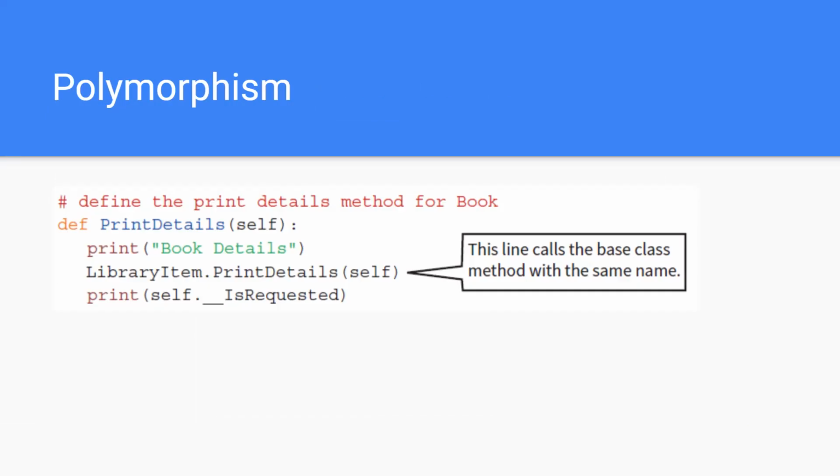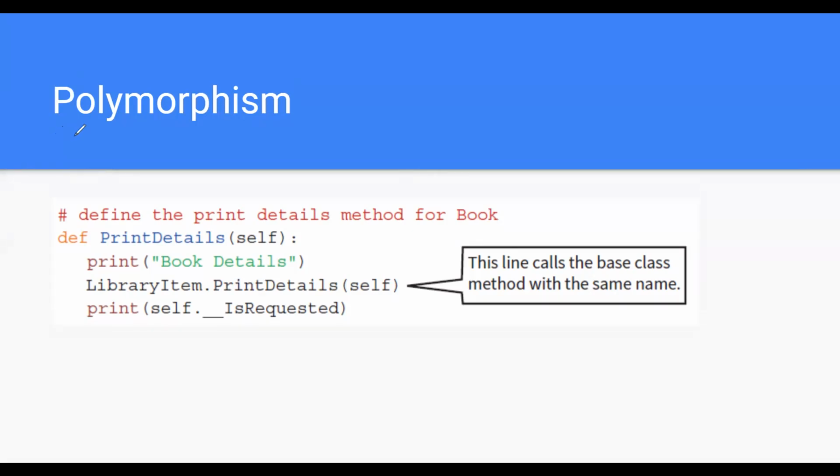Okay. So I just wanted to tell you first about a concept, a definition of the concept, just in case they ask about that in the exam. The concept is called polymorphism, and that's when you redefine a function that is already defined in the base class.